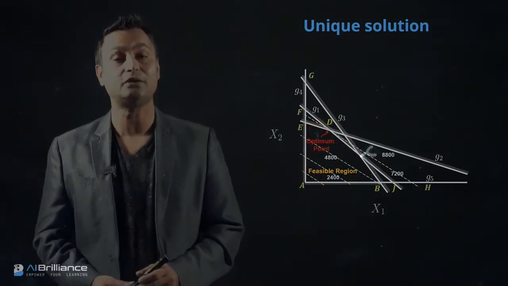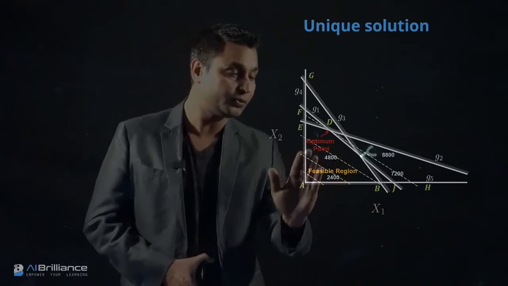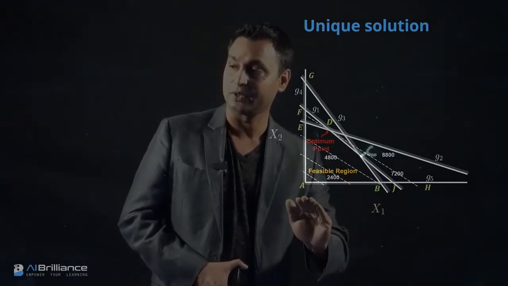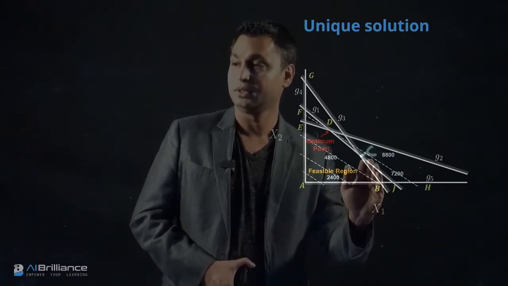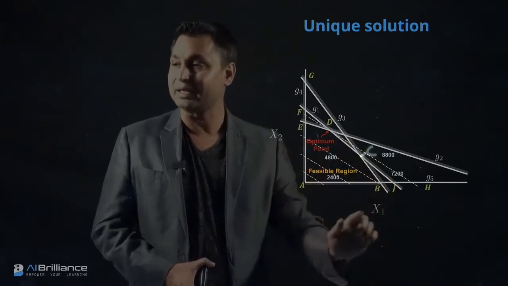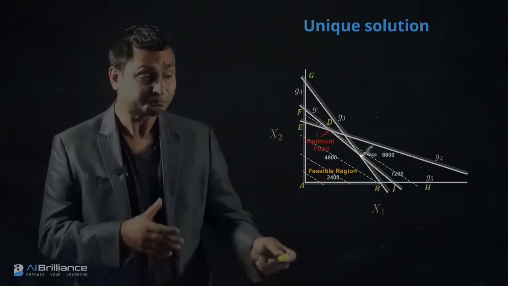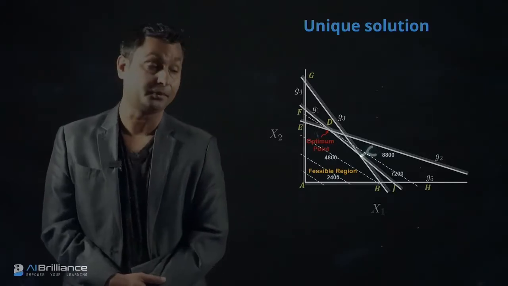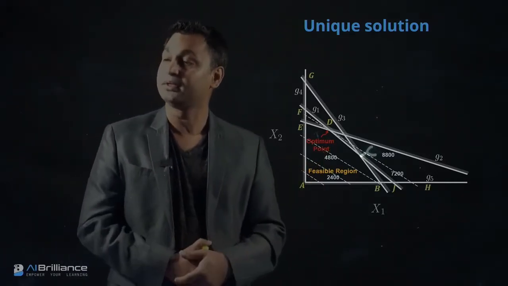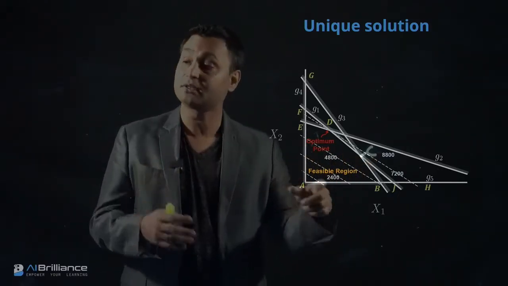And this is very valuable information because we don't need to search for anything inside. We need to just focus on the line segments A to B, B to C, C to D, D to E, and E to A, this set of five lines, and we will be able to find the optimal solutions. In fact, the most important things we are looking at are probably the vertices that define this region.